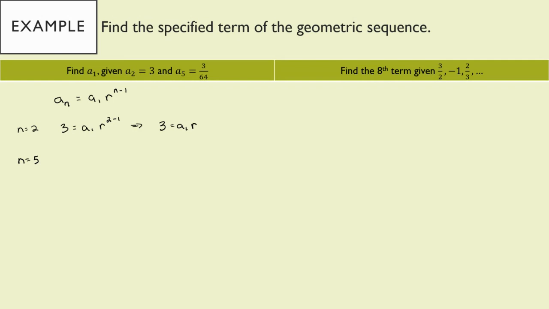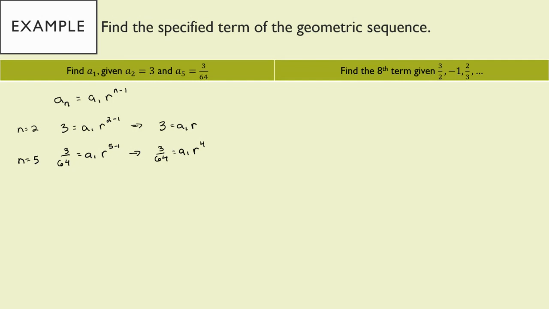A5 is 3/64, so that's A1 R to the 5 minus 1. That gives us 3/64 equals A1 R to the 4th.